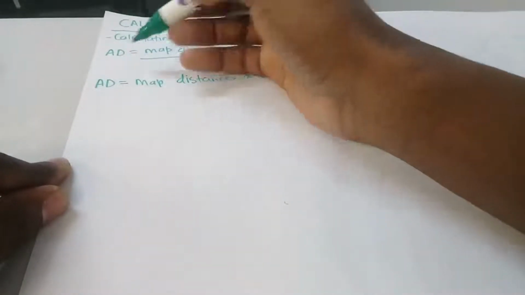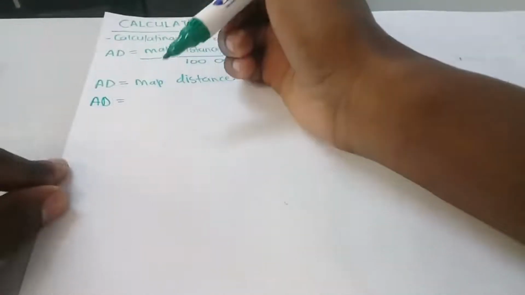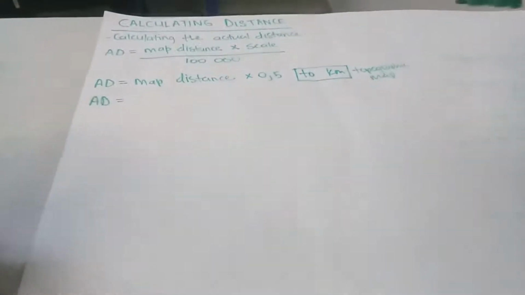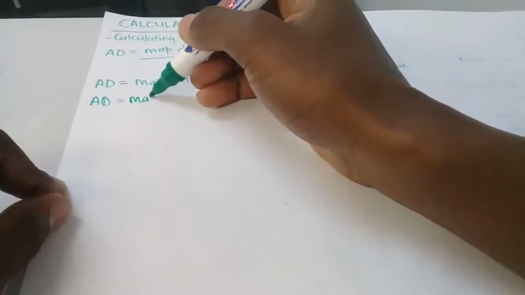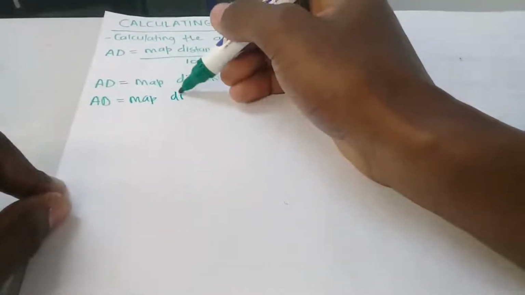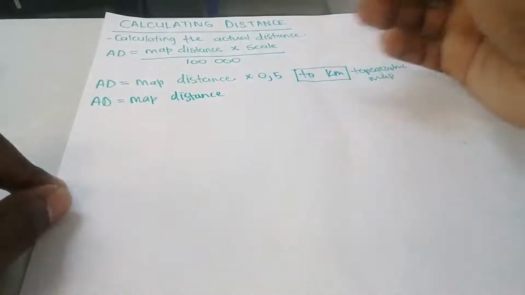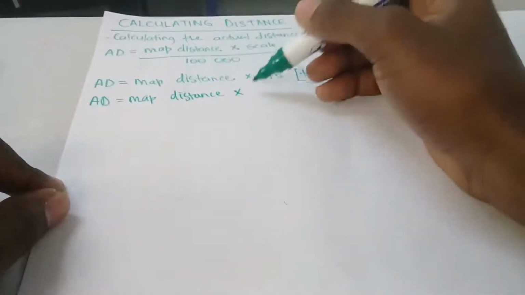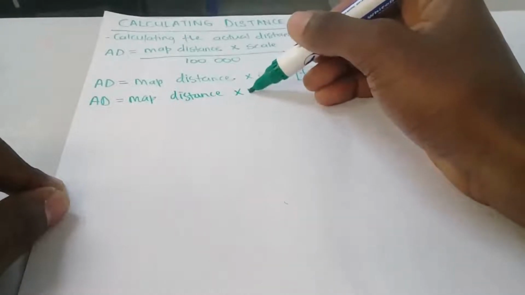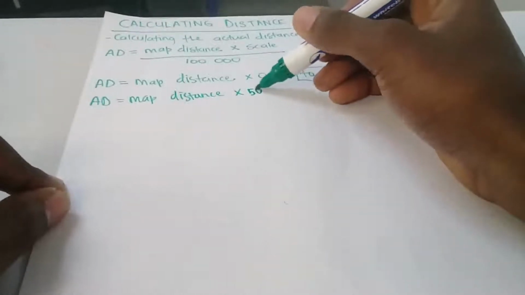So for the actual distance using an orthophoto map, you're going to say map distance, the distance that you have measured using your ruler in centimeters, and you multiply by 500. Okay?